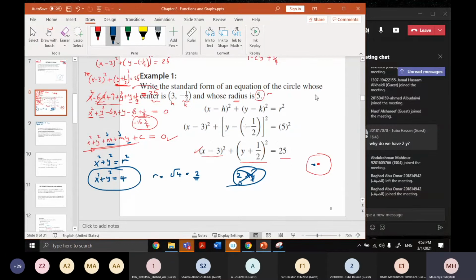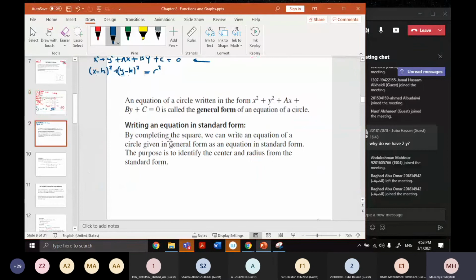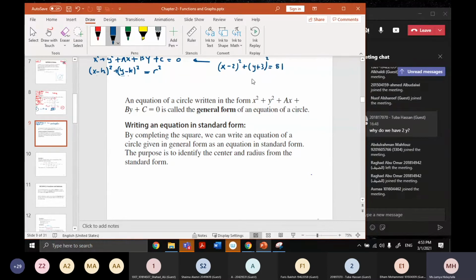If I have x minus 2 the whole squared plus y plus 3 the whole squared is equal to, for example, 81, isn't it an equation of a circle? Yes. Now if I ask what is the center? Tell me what is the center? The center is the point h, k.